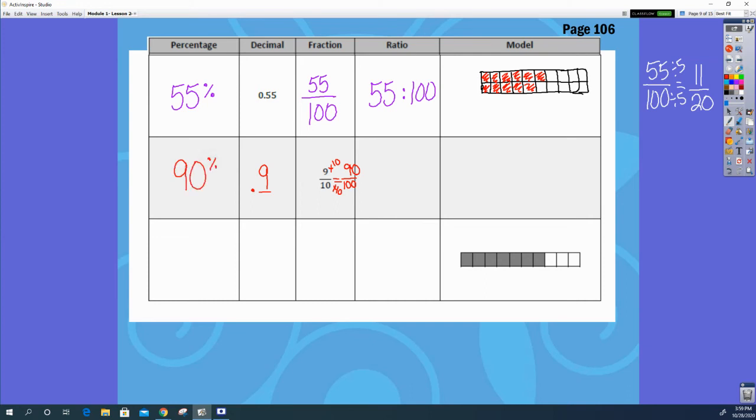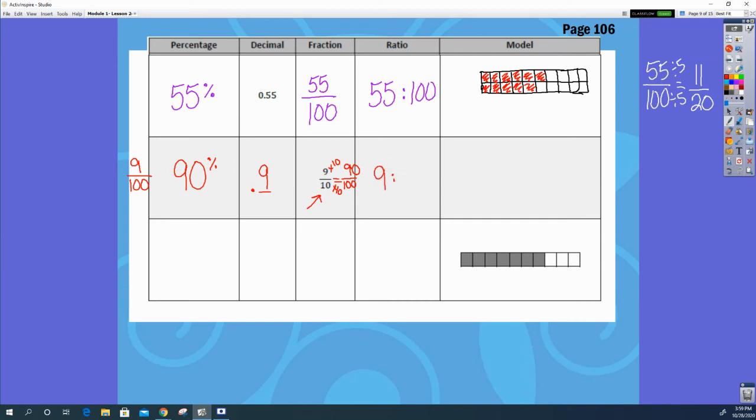So this is technically 90%, not 9%. And if you're asking why it's not 9%, the fraction would have originally been 9 out of 100. But look at what they gave us. They gave us 9 out of 10, 9/10. So we had to convert it to a 100. Okay, my ratio is 9 to 10.